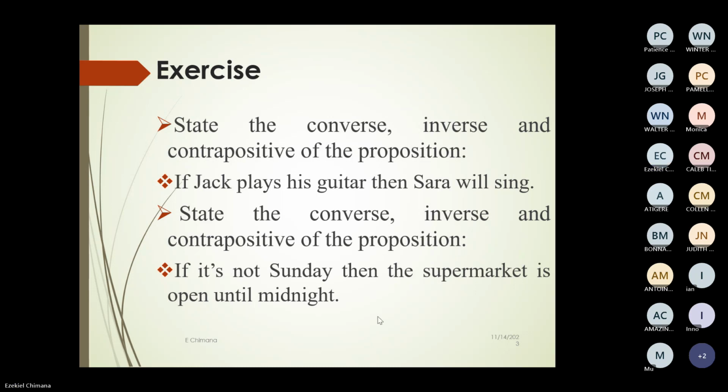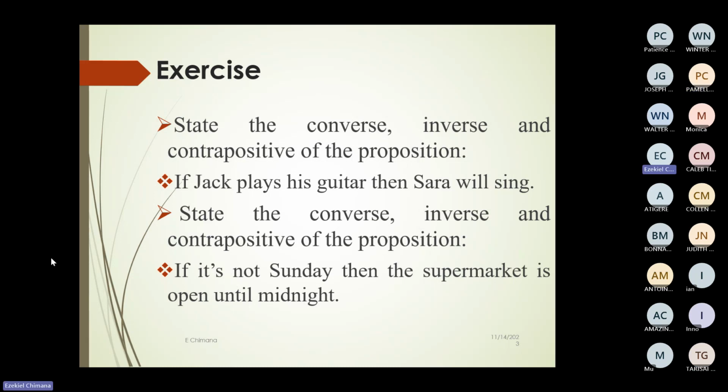Can I have someone to give me the answer here? If Jack plays guitar, then Sarah will sing. Someone to contribute. Can I have someone to contribute? Sarah will sing if Jack plays his guitar.